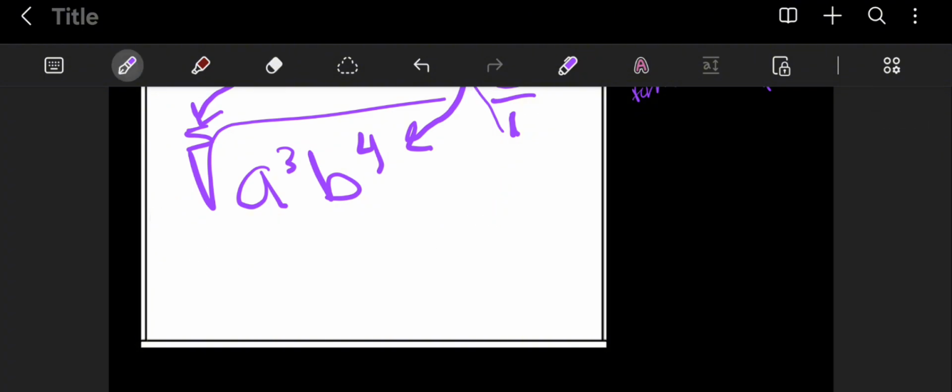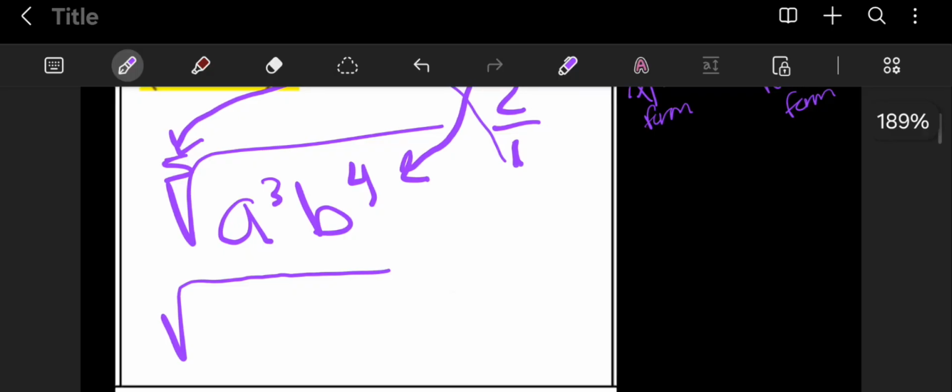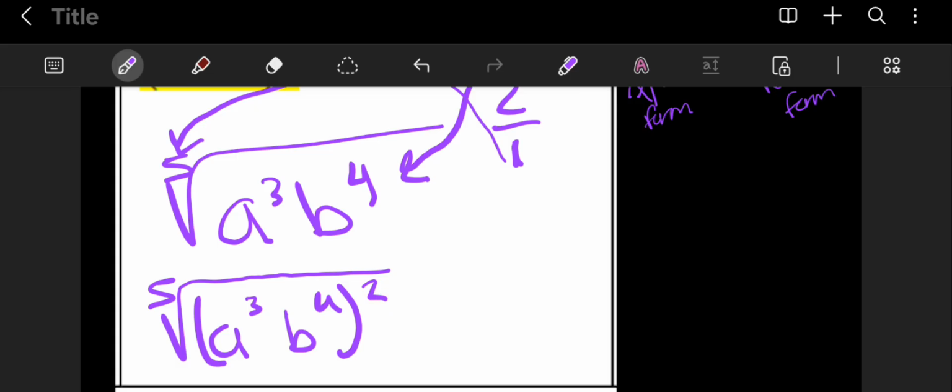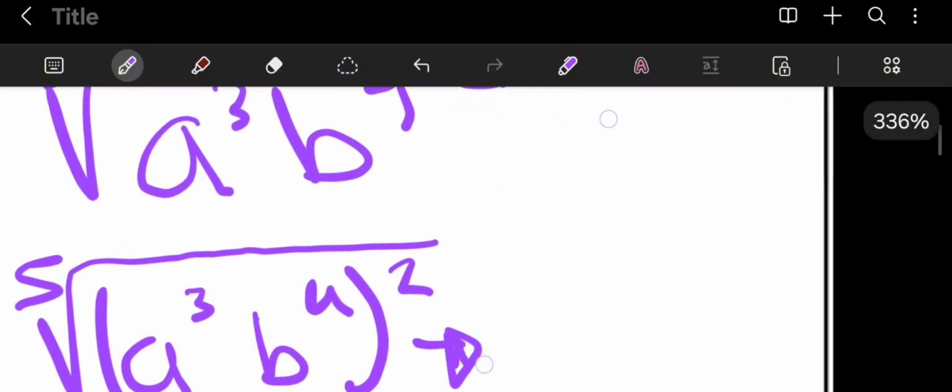So if we simplify this even more, bringing that 1 over there to the 5, it's just going to stay as a 5, right? 5 times 1 is 5. And then we're going to do a to the 3rd power times b to the 4th, and then this is all going to be squared, right? And if we square that, this is the same thing as just multiplying.